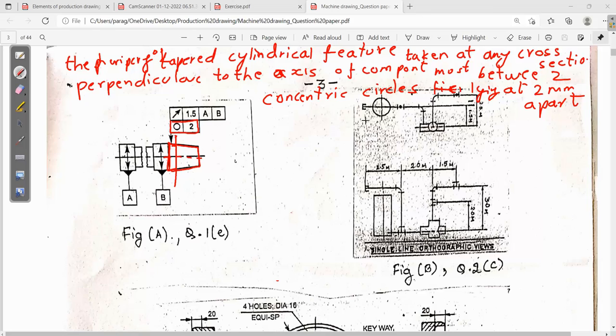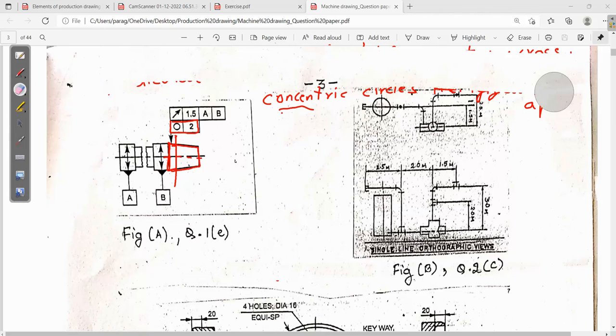So like this you can frame the sentence as you want, only it should be meaningful. Instead of concentric circle you can write annular circle, it will depend, but most of the time we will use concentric only. So this is how you should interpret the symbols, right?